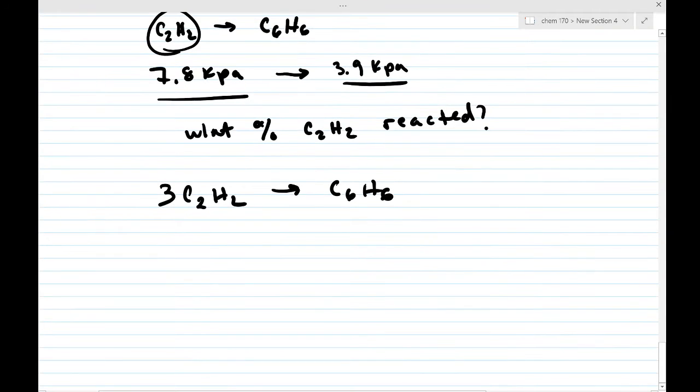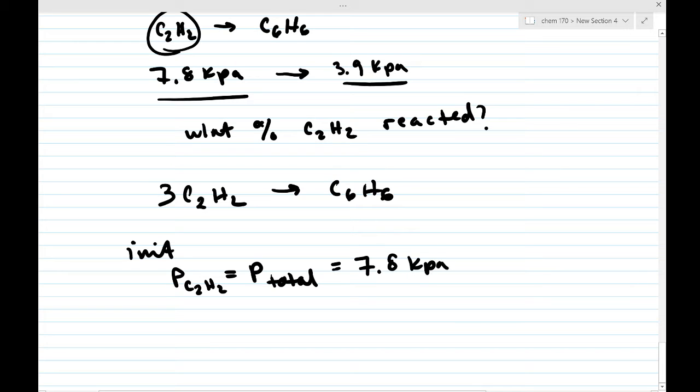Okay, so in the initial state, we also know that the total pressure is equal to the partial pressure of C2H2, because that's the only thing present in the system, and this is equal to 7.8 kilopascals.